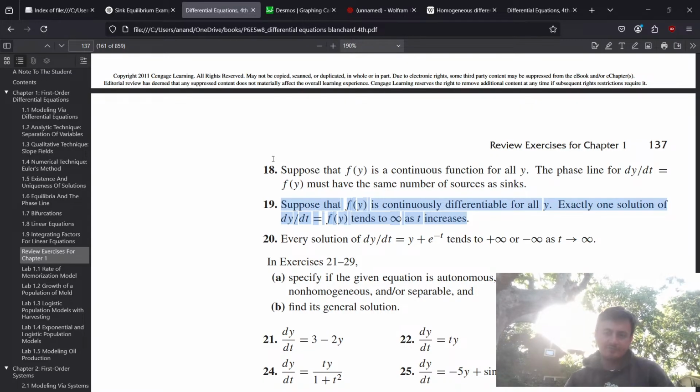Because all you're given is that f of y is continuously differentiable. I really don't like these non-autonomous. They're so stupid.